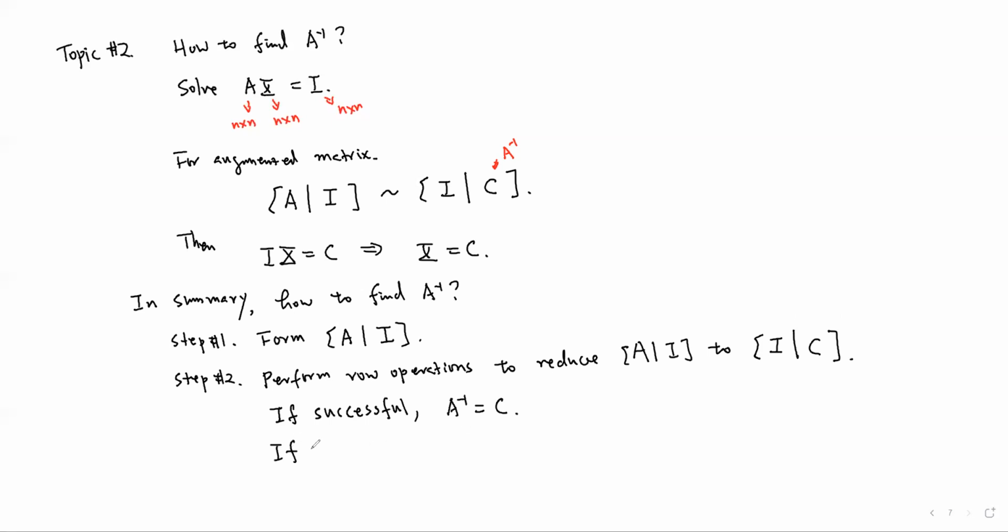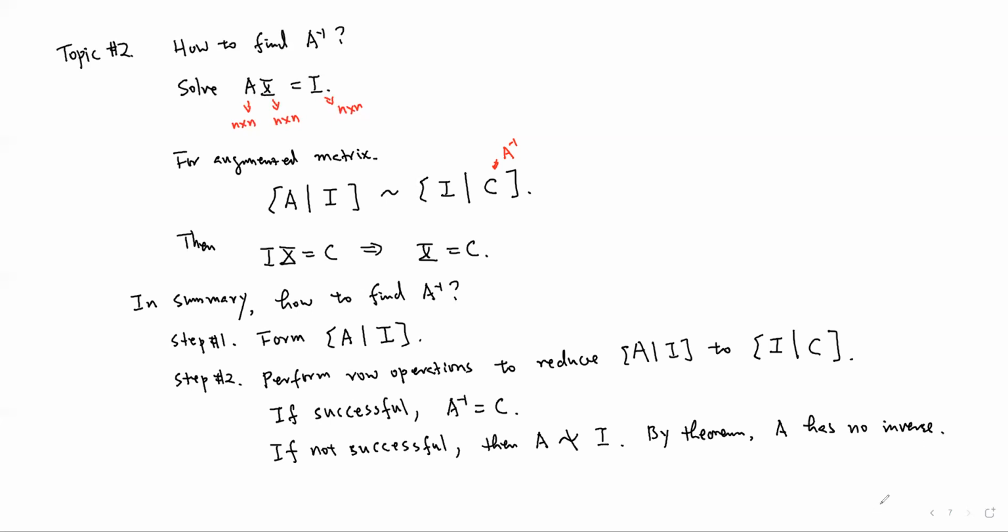On the other hand, if not successful, then A cannot be reduced to I. That means that A is not row equivalent to I. By theorem, A has no inverse.